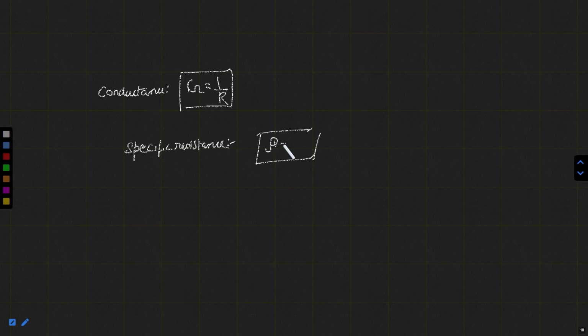rho is equal to A by L. Then we have specific conductance. Specific resistance is also called resistivity, and specific conductance is also called conductivity.